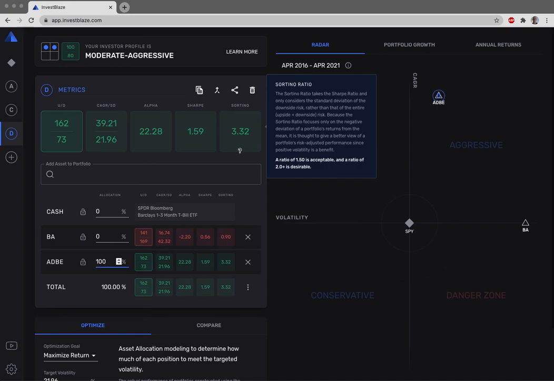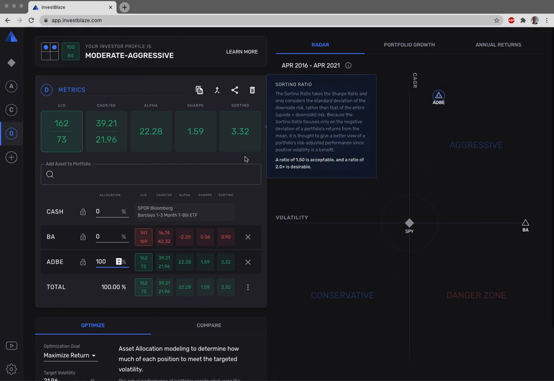The Sortino only looks at the positive versus the negative, but you're not punished if the positive is more. We really like to see a Sortino ratio of 2.0 or higher. And as you would expect from everything you've seen here, Adobe at 3.32 is pretty wonderful.